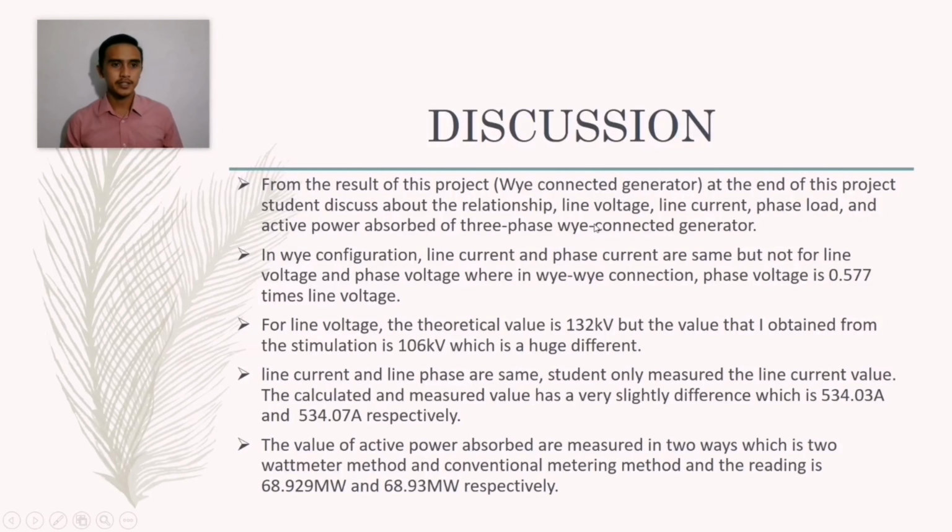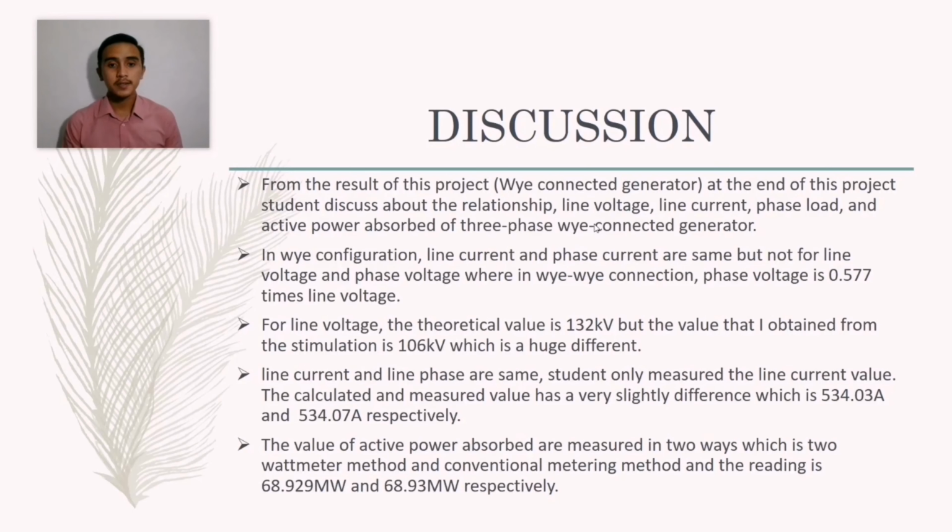So moving to the discussion. From the result of this project, at the end of this project, students discuss the relationship of line voltage, line current, phase load and active power absorbed of a three-phase Y-connected generator.